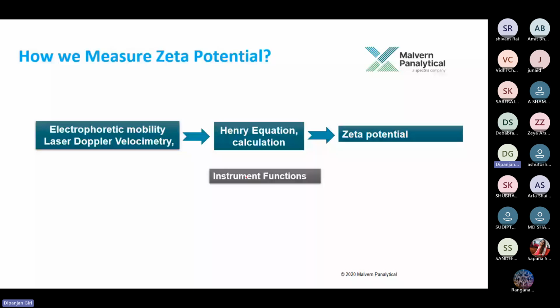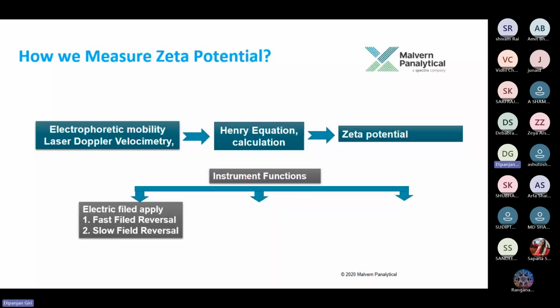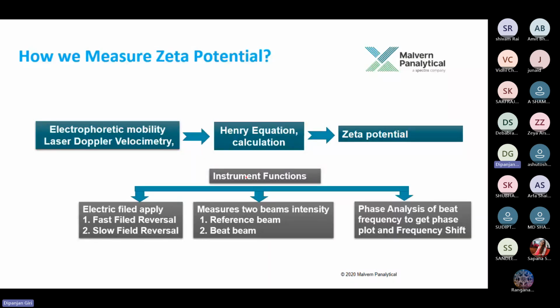The instrument uses the simultaneous function of the applying electric field and the light scattered by the different types of beam, and further we do the phase analysis to get the frequency, which I will tell in the next few slides.